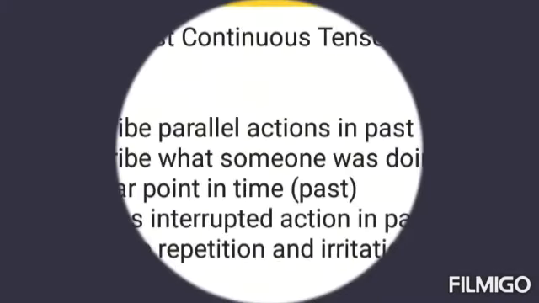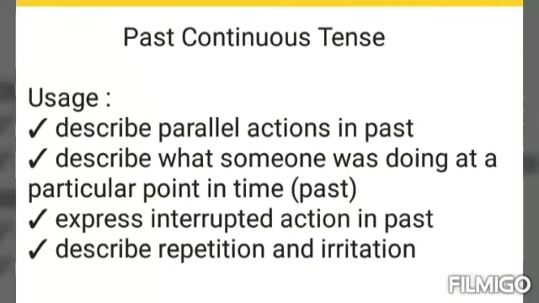Now here comes the next tense, that is your past continuous tense. Now the uses for past continuous tense are: it describes parallel actions in past, describes what someone was doing at a particular point in time in past, expresses interrupted action in past, and describes repetition and irritation.